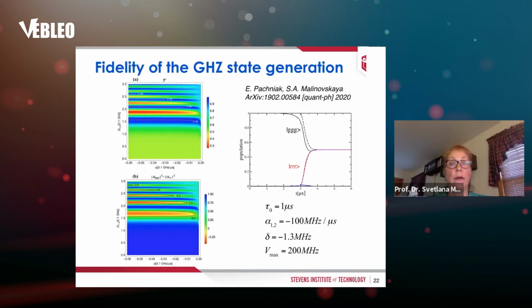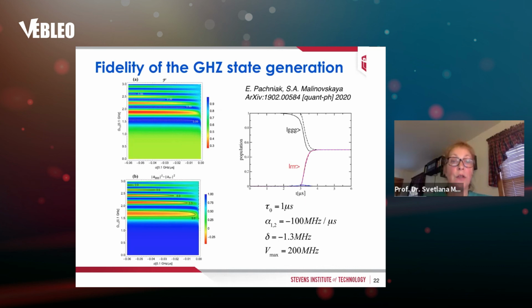Okay, so we have calculated the fidelity of the GHZ state generation for a broad range of the field parameters, and demonstrated that the GHZ state may be generated using adiabatic passage.